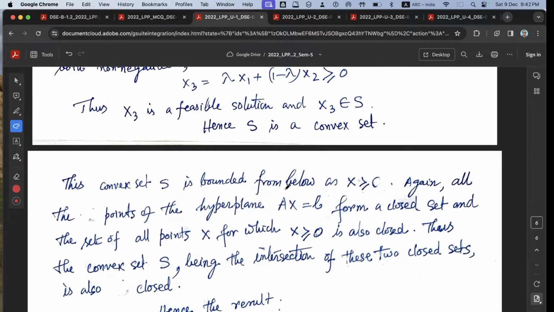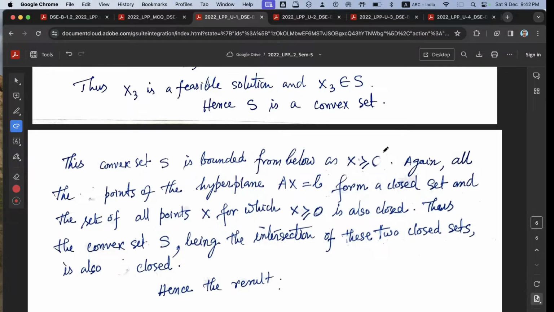And this convex set is bounded from below as X is greater than or equal to the 0 vector. Again, all the points of the hyperplane Ax equal to b form a closed set, and the set of all points X for which X is greater than or equal to 0 is also closed. Thus the convex set S, being the intersection of these two closed sets, is also closed. Hence the result.